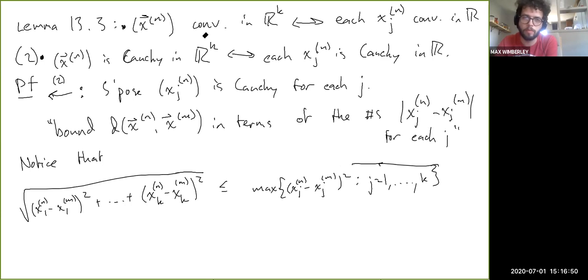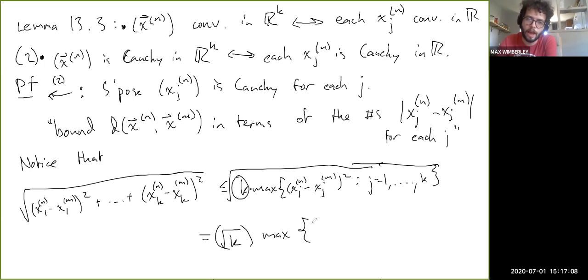And what we end up with is the square root of k times the maximum of those terms. So this equals the square root of k times the maximum of the absolute value of xj n minus xj m for j equals 1 up to k.